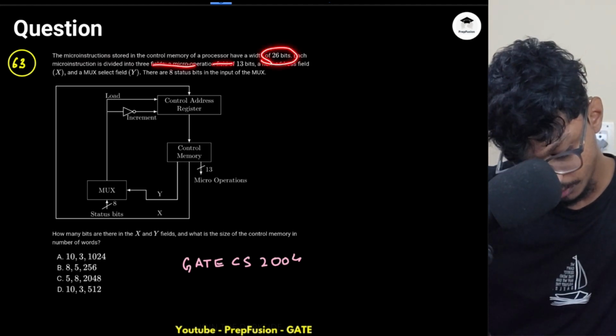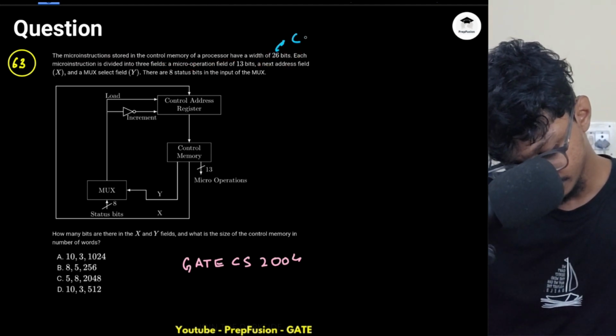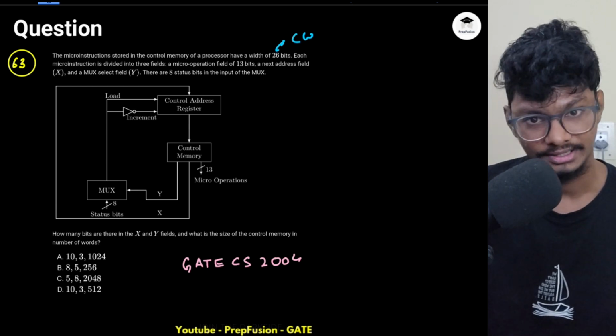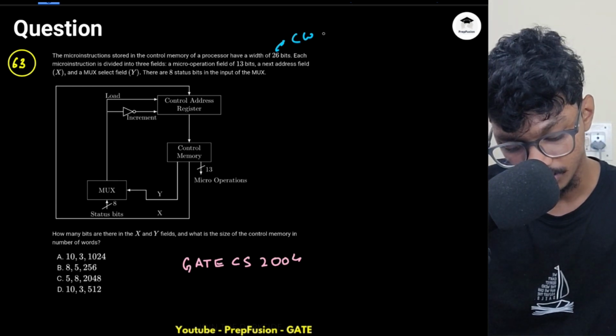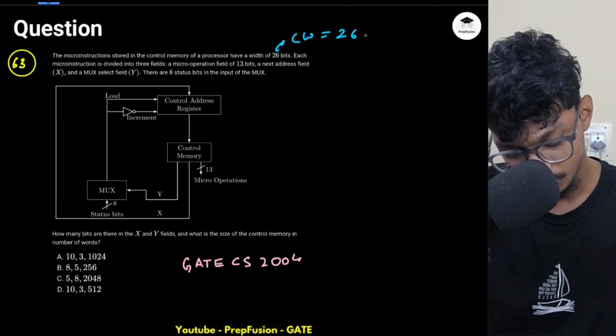We have this question where the microinstructions stored in the control memory of a processor have width 26 bits. So each control word width is 26 bits.